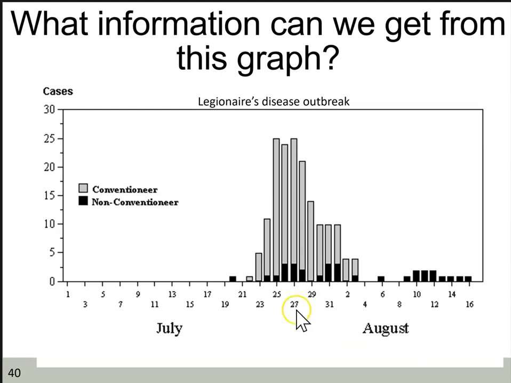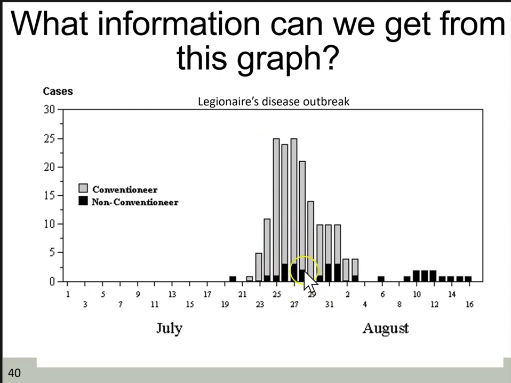So one of the things we can get from this graph is that there was a significant increase in the number of cases of people who had Legionnaire's disease in late July, early August. And it happened that these cases most frequently occurred in people who attended this particular convention, this Legionnaire's convention.